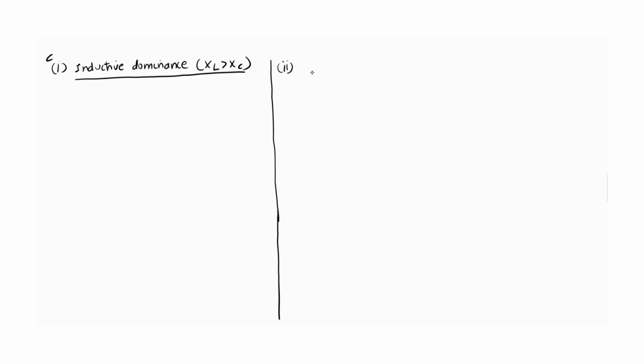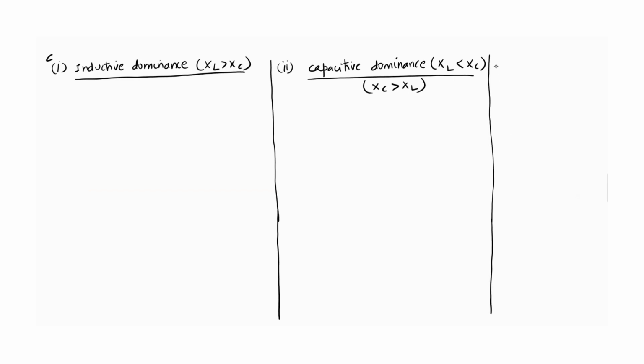Next, for capacitive dominance, we have XL less than XC, or we can simply write XC greater than XL. And next, for resonance. Clear?